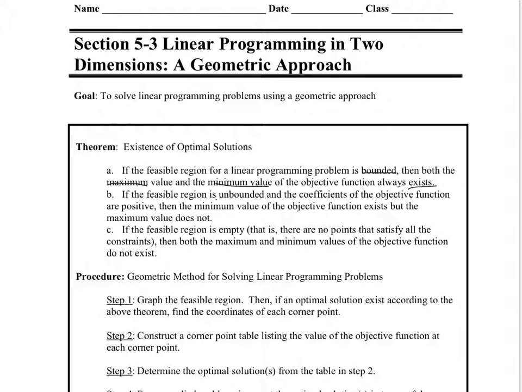Now, if it's unbounded, and as long as the coefficients of your objective function are positive, so as long as they're positive numbers in front of your variables, then your minimum will exist, but your maximum won't. And if it turns out the feasible region is empty, if you go to graph and because of the inequalities you don't have any overlap anywhere, that means there would not be a maximum or a minimum value.